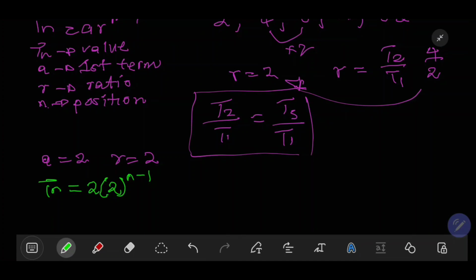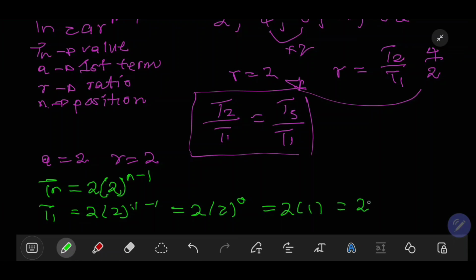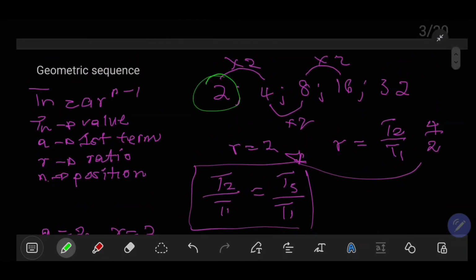Since we know the general rule, we can check whether this works. For term number 1, we have 2 into 2 exponent 1 minus 1, because the value of n here is 1. So we have 2 into 2 exponent 0, and any number raised to exponent 0 is 1. So 2 into 1 gives you 2, which is the first term.